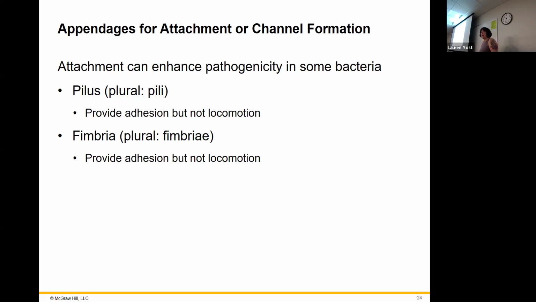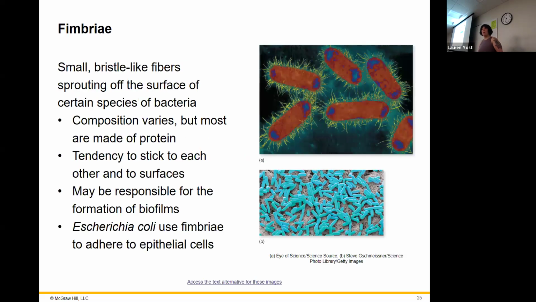The fimbriae, plural, provide adhesion and just adhesion, that's all they do. So we've seen flagella, they're for movement, and that's all they do, and they're the only ones that do it. We've seen the fimbriae, they're for adhesion, and that's the only thing they do, but they are not the only ones that can do it. The pilus can do it as well, but the pilus has another function, not movement. We're going to get to it.